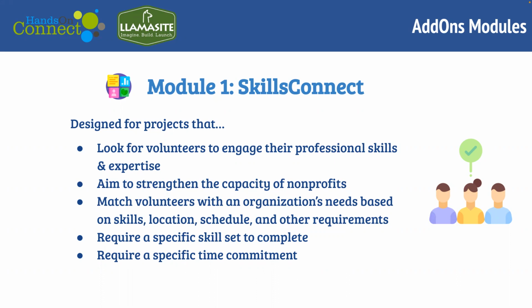So you might have nonprofits in your system that are looking for some capacity building, some very specific skills to do that. And you have a pool of volunteers, but you need to gather additional information on those volunteers: what their skills are, and maybe the level. Are they experts?